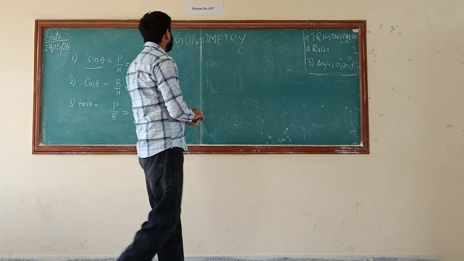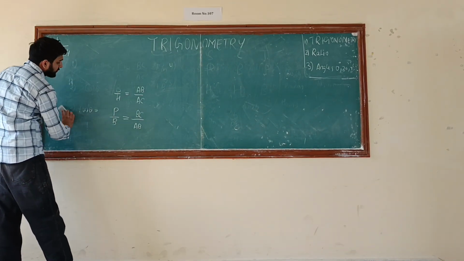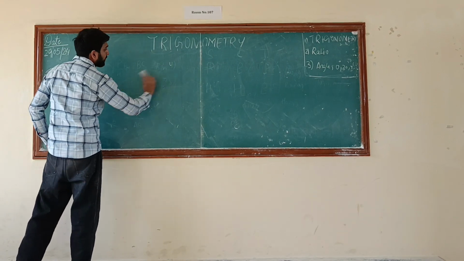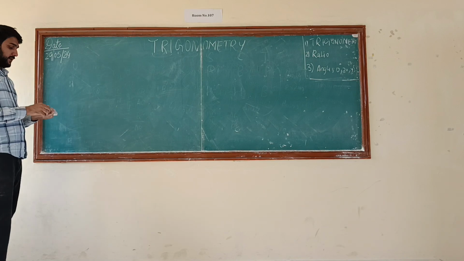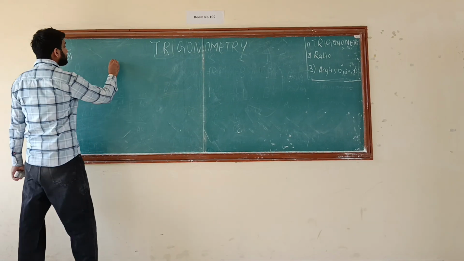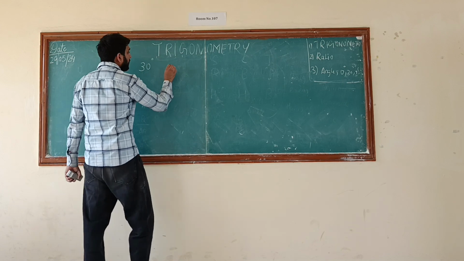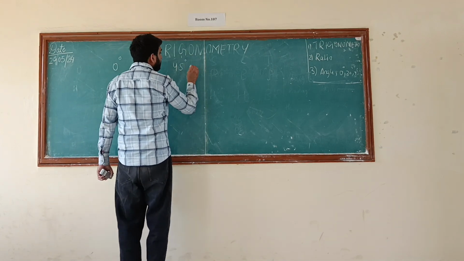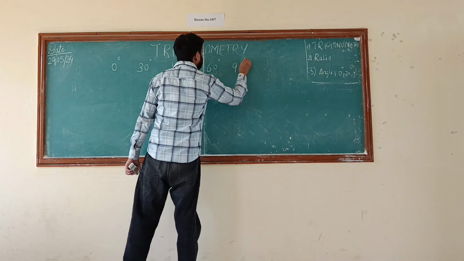Now we are going to find the values of trigonometric ratios of some specific angles. We have specific angles like 0 degree, 30 degree, 45 degree, 60 degree and 90 degree.